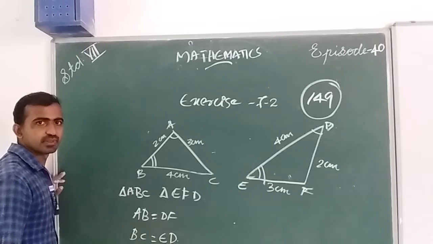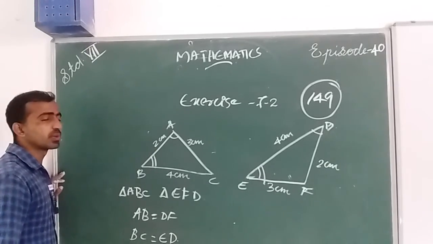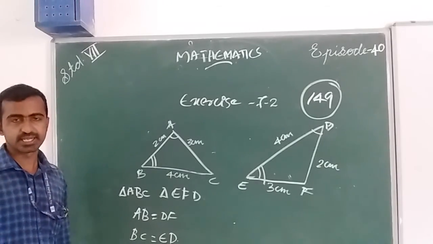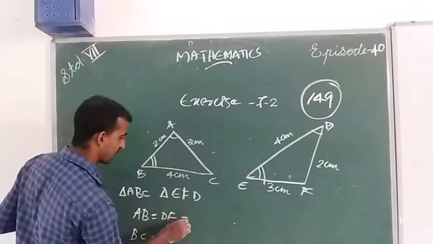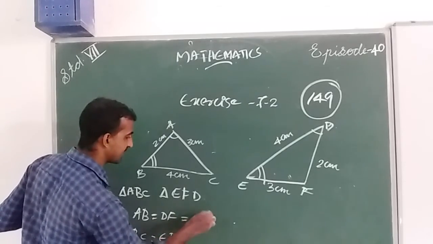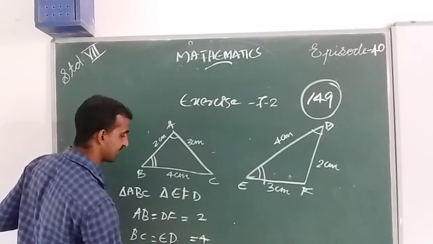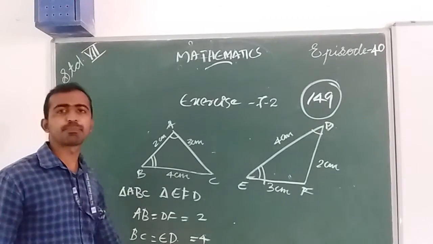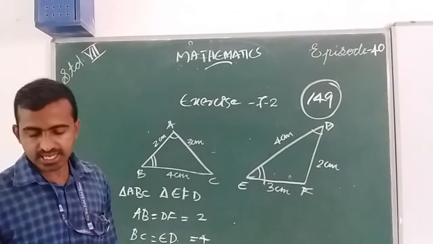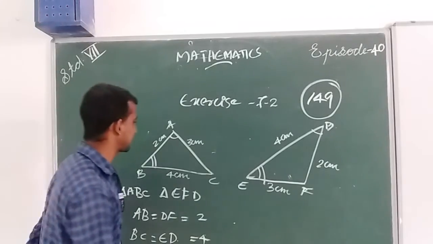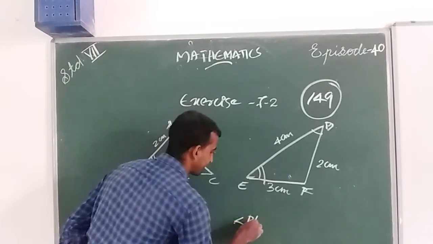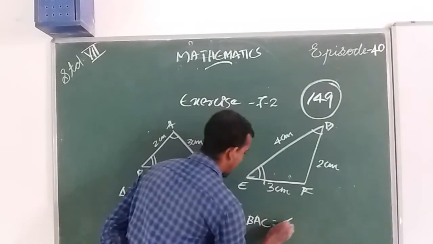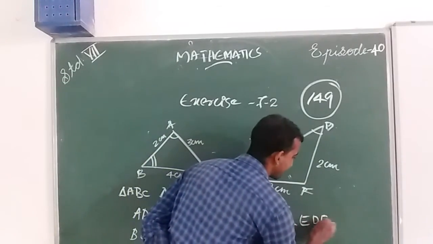CA equal to EF. Yes. AB is 2 centimeter, this is 4 centimeter, this is 3 centimeter, and we have three parts. And next, angle BAC equal to angle EDF.